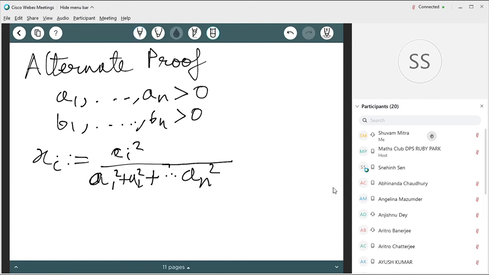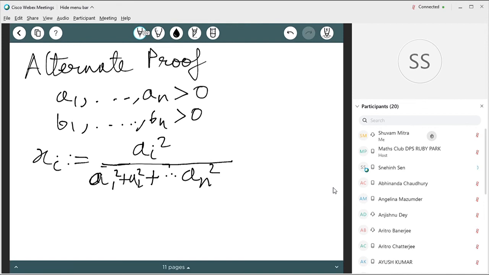Wait a second, I'll just rewrite it. It's ai whole square over that sum. So basically xi is a new quantity, which is nothing but ai square divided by the sum of squares.